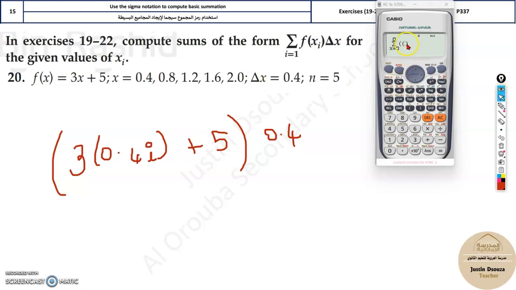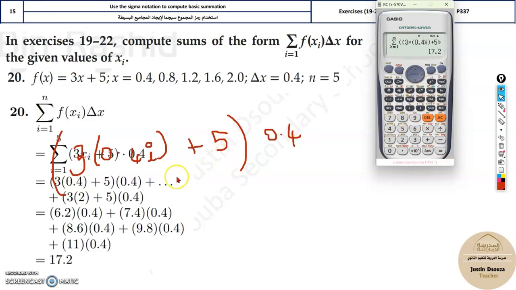So open the bracket, 3 multiply again, open the bracket, 0.4i with alpha x, close the bracket, plus 5, close the bracket and multiply with 0.4. Now there's a syntax error because I have not put the intervals. That is 1 to 5. And now the answer over here is 17.2.